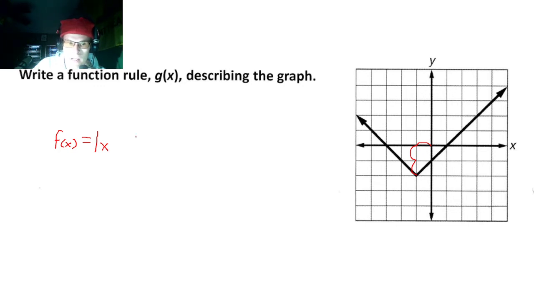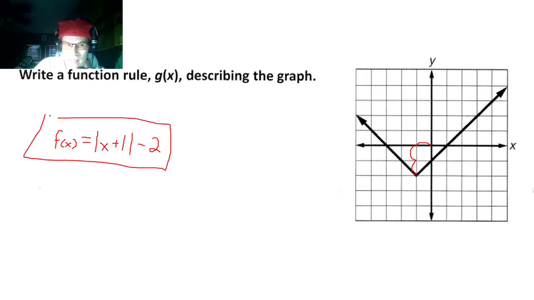It's going negative 1, so that means x plus 1. And then on my y it goes down 2, so it'll be the same, minus 2. That's how you draw those. Makes it a lot easier than using a t-chart.